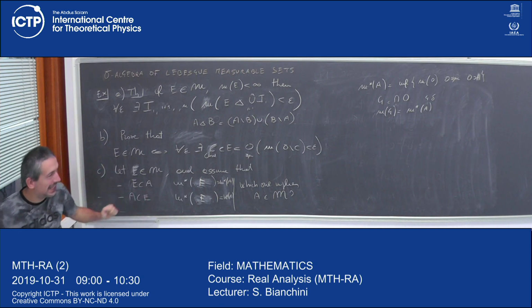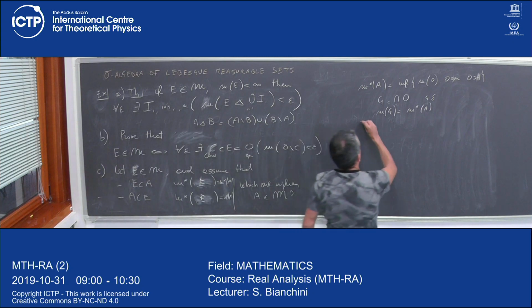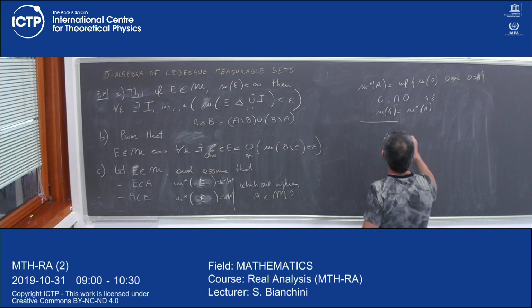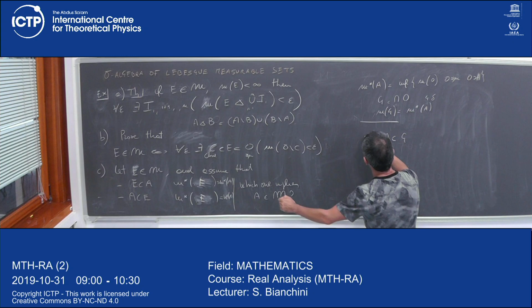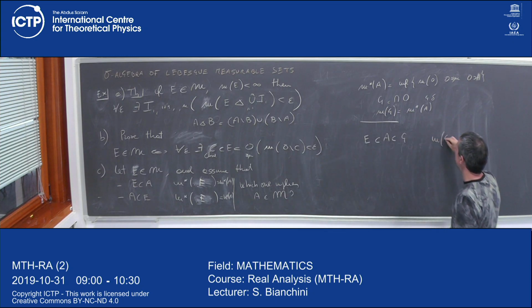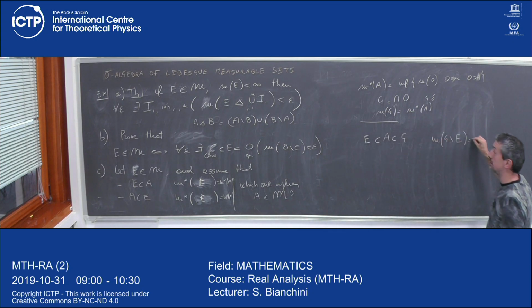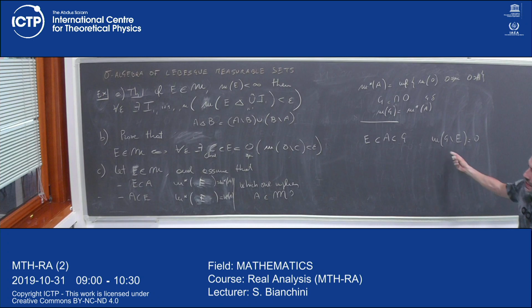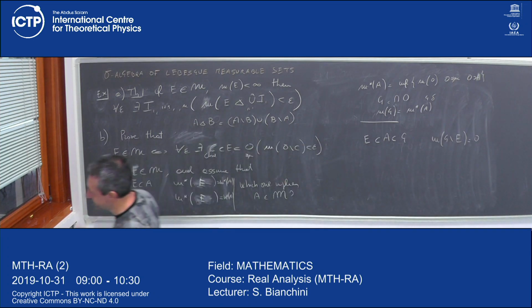Because it says that A is contained in this G, and contained in this A, and the measure of the difference is equal to 0. One is contained in the other, they have the same value. And so it is measurable. I'm really sorry. This is a very nice exercise and then I screw it up.